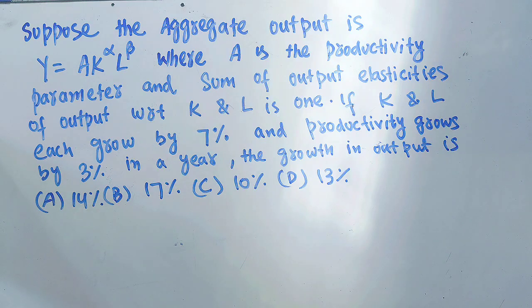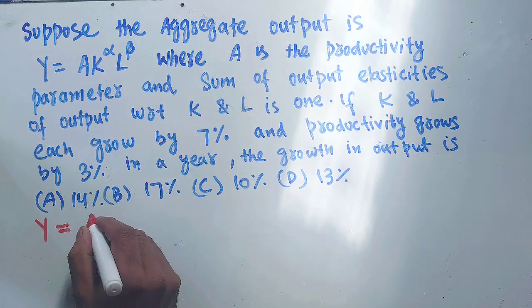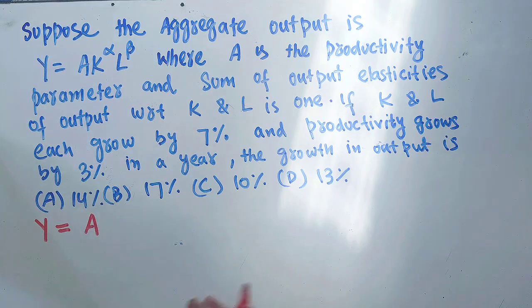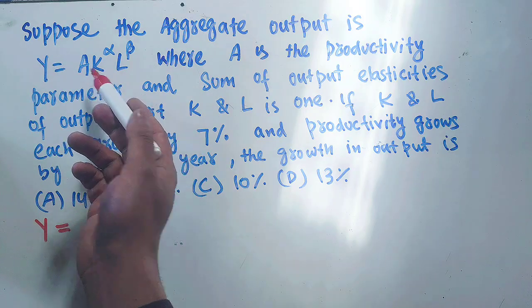Okay, so let us see what our production function is. Our production is a function where A denotes the total factor productivity. It shows us the change in output which is not explained by the inputs here.